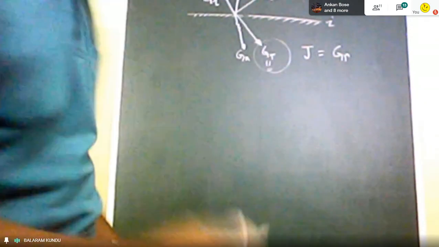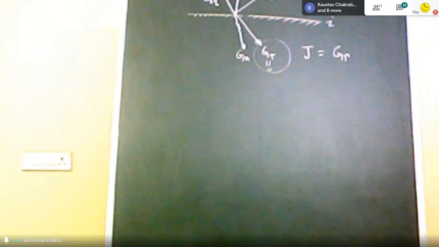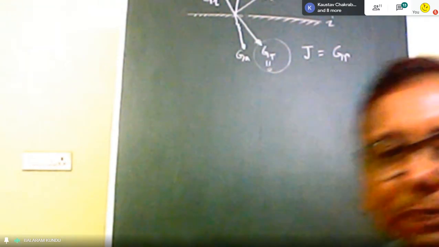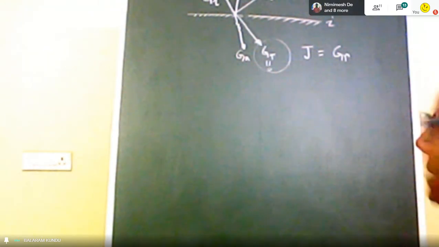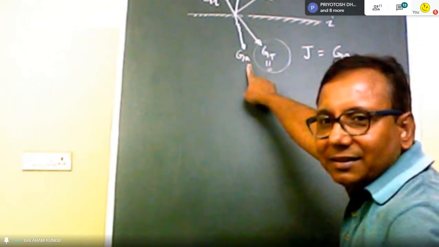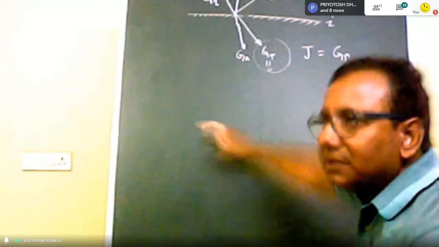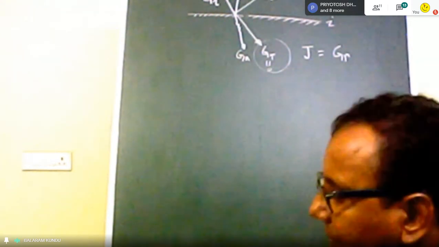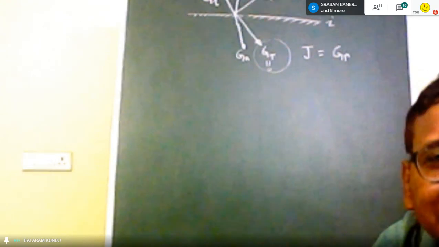plus another part. Which part is there? You see here, the absorbed part is there. The energy is absorbed by the body, by the surface. So that is GA.